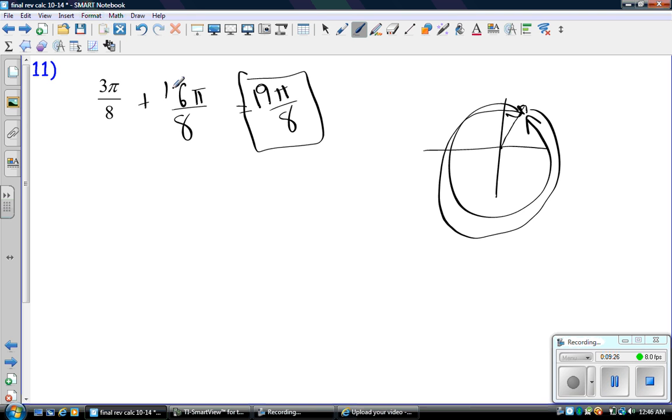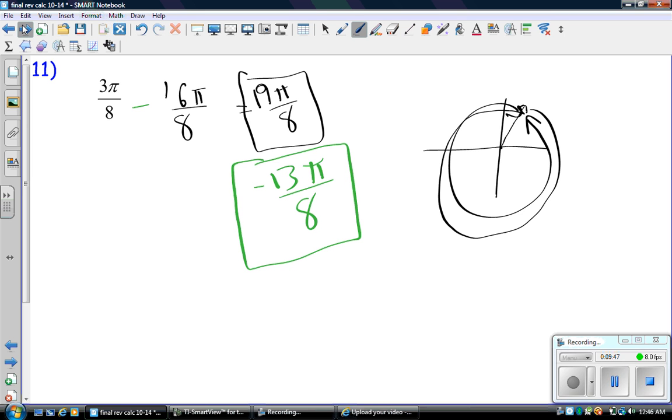How the heck do I get a negative one? Well, I just minus 2 pi. So if I minus 2 pi, 3 minus 16 would be negative 13 pi over 8. And there you go. There's a positive and negative angle coterminal. Real easy. That should not be a tough one.